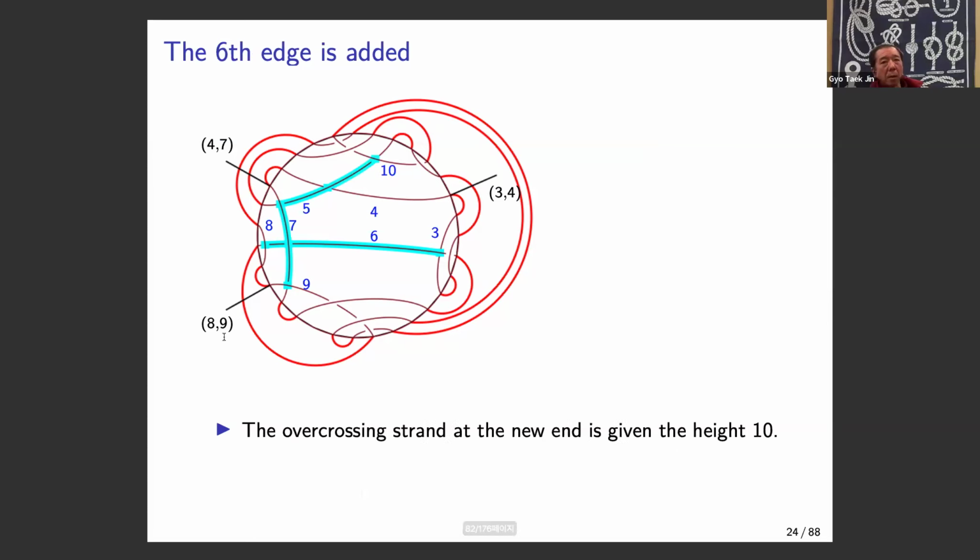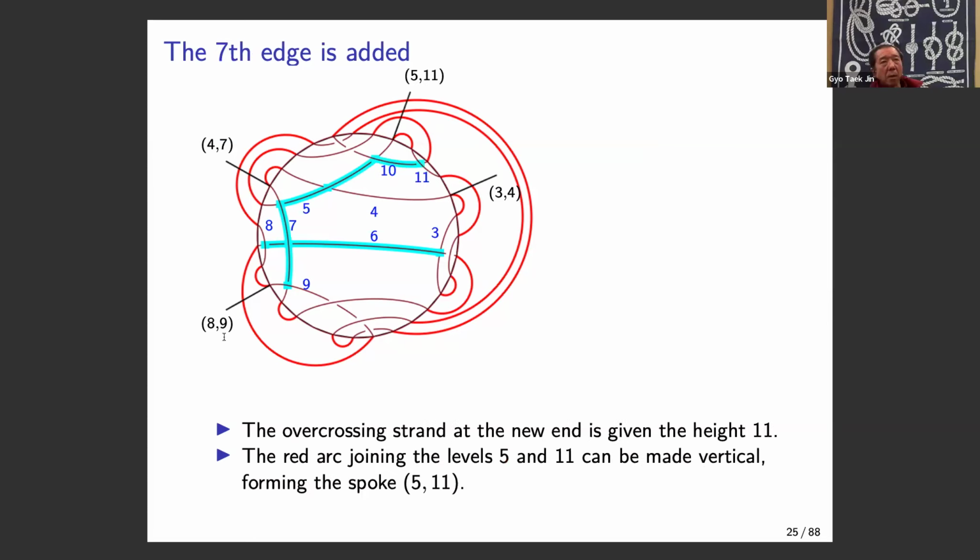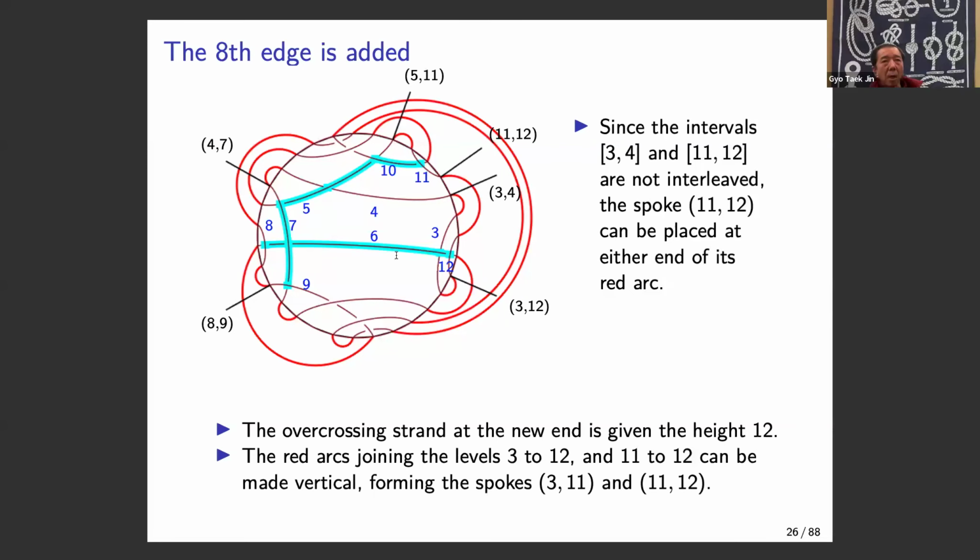Here, because one arc encloses another, we need to decide whether we should put a spoke here or here. But the intervals 11, 12 and 3, 4 are not interleaved, so you can put the spoke at either of these two ends for this arc.